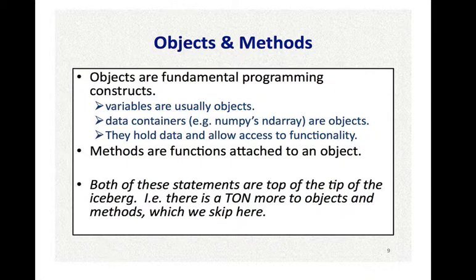Examples of that are variables, but also complicated data containers that are built on a series of variables. Any number of those could be objects. A strict definition of an object would be that you define what's called a class in Python. At this level we're not concerned with that, but you should know that there are such things as objects. You should always think of variables as objects, because each object has associated with it certain methods or functions.